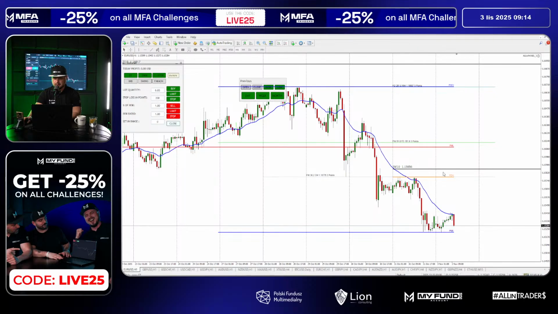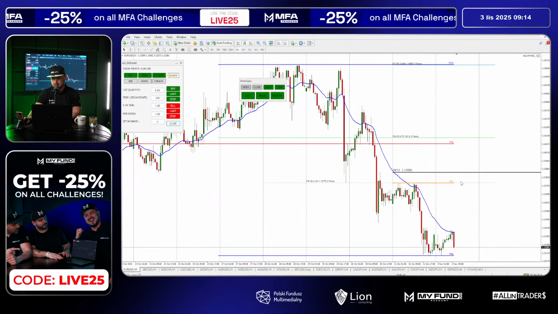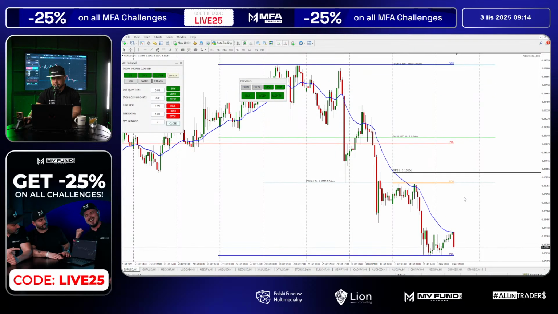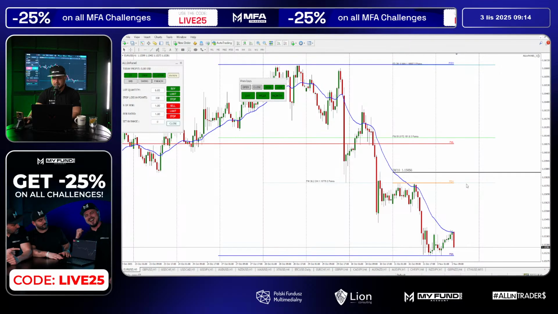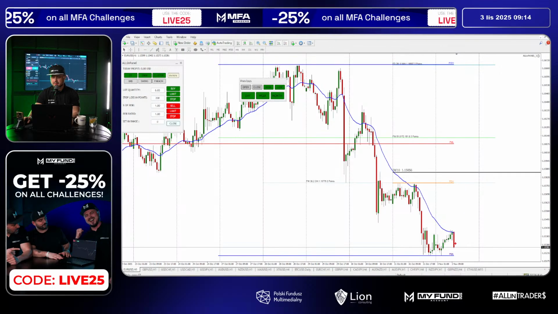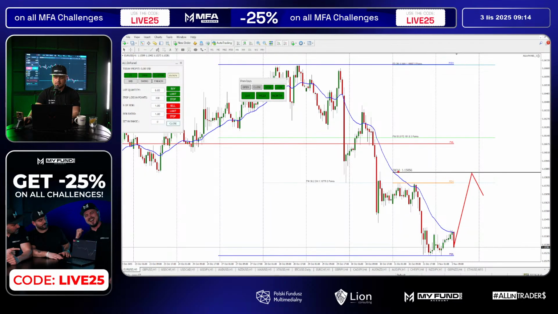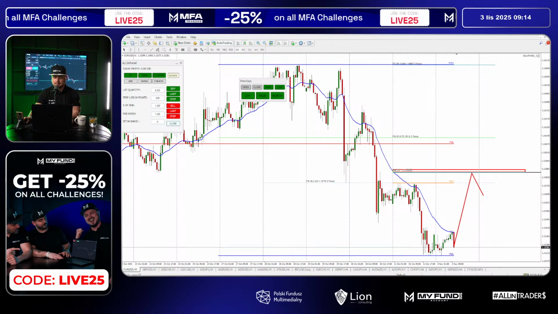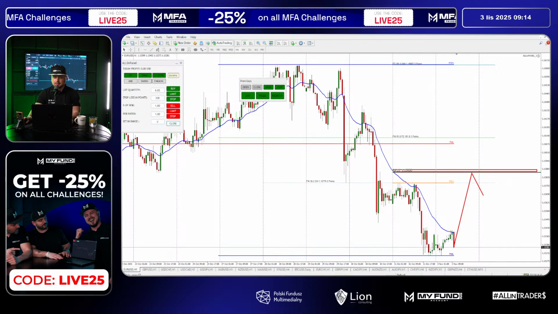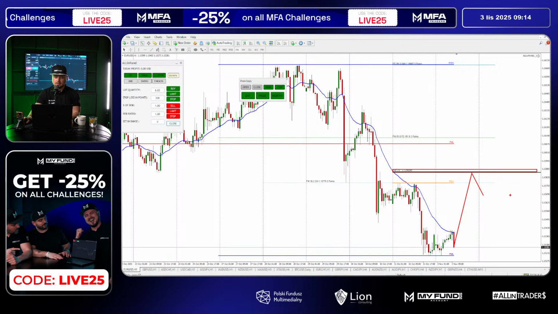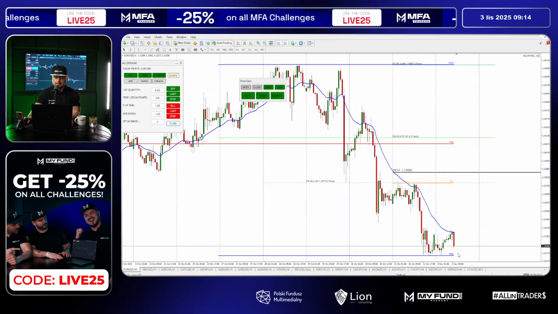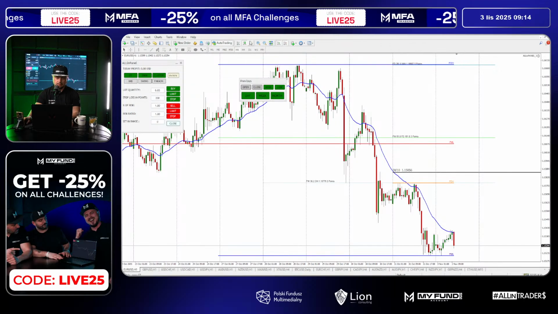Let's check. There is cluster, but this cluster is on previous day high. If we want to set limit order for reaction at the target, it's good if we have cluster, okay? Cluster which is close to our target. We got nothing here, so we cannot use it.